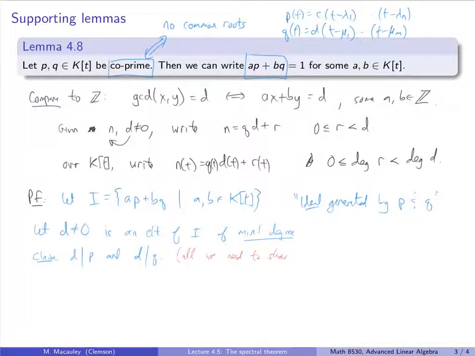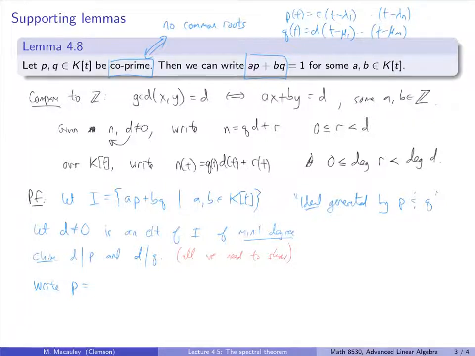And then we're done. Now there's nothing special about P and Q. By symmetry, I just need to show that D divides one of them, and then by the same argument, it will divide the other. So let's take P and let's show that D divides P. We will use the division algorithm and write P equals some quotient. Now I've used Q, so I need to use some other letter.